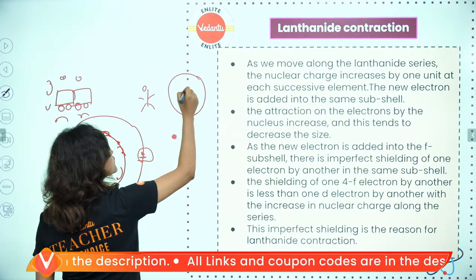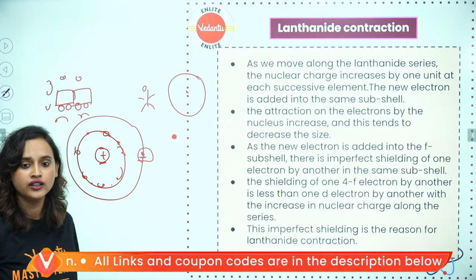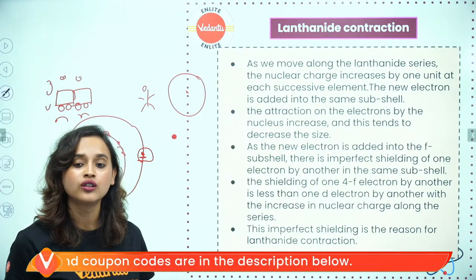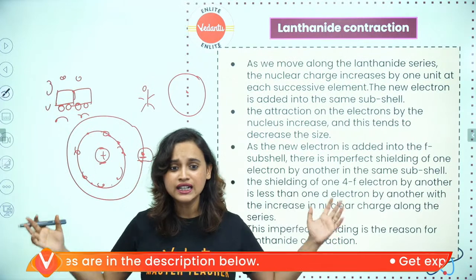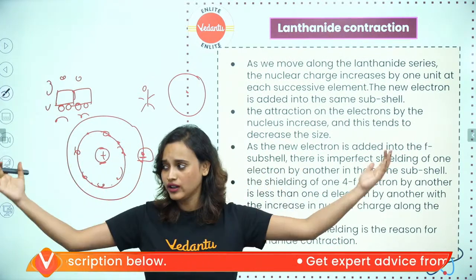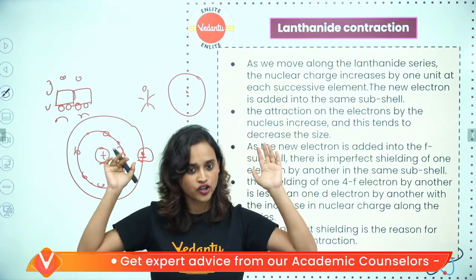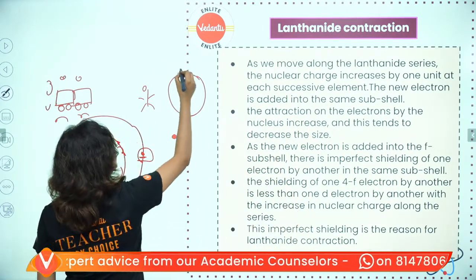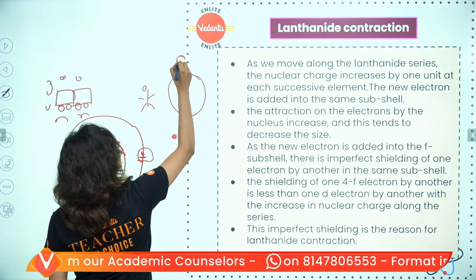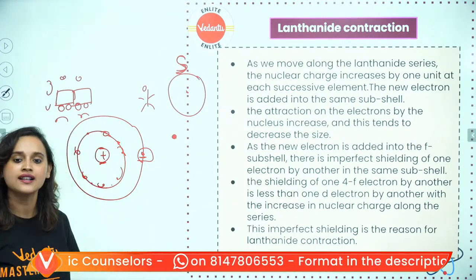Will the nucleus from here be able to see the electron? No, it's completely round. So the nucleus will not be able to see the electron. Great. This is your S orbital.